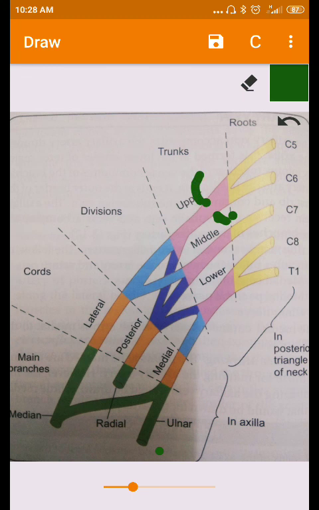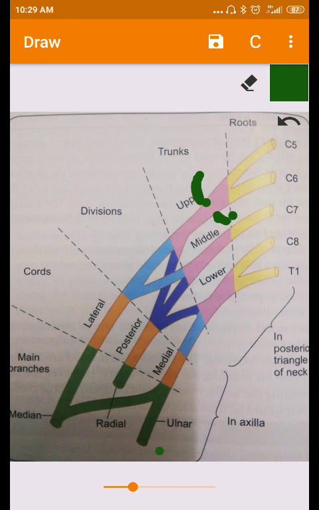So nerve to subclavius is from the front of the upper trunk, but the suprascapular nerve is coming from the outer part of the upper trunk.